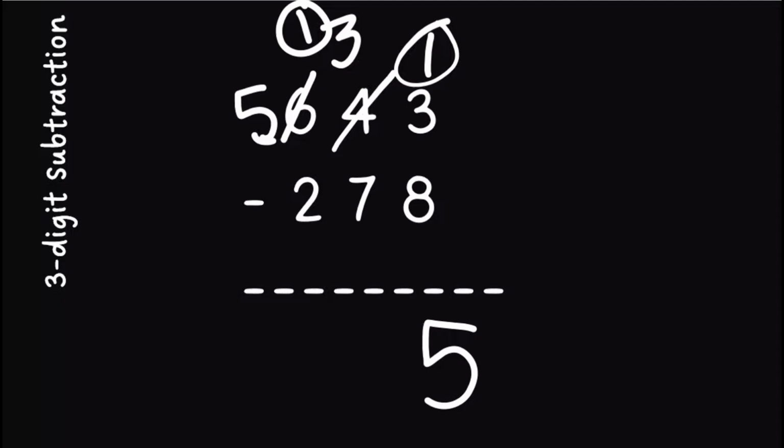Yes, the answer is 6. In the last column, that is of hundreds, 5 minus 2, the answer is 3. So 365 is the answer when we find the difference between 643 and 278.